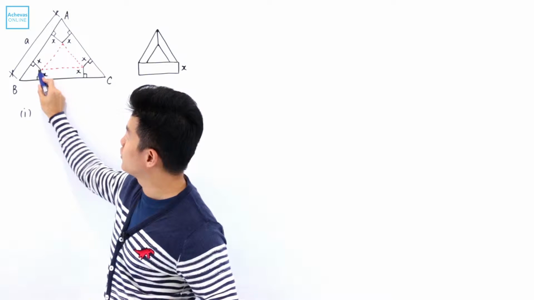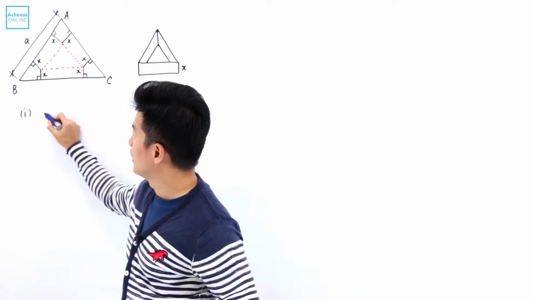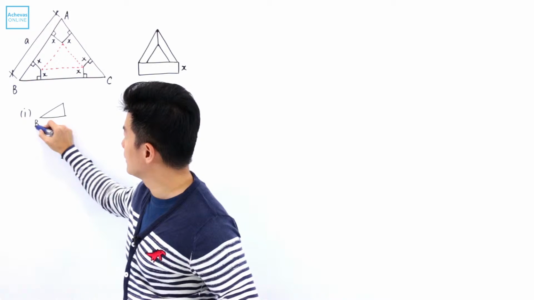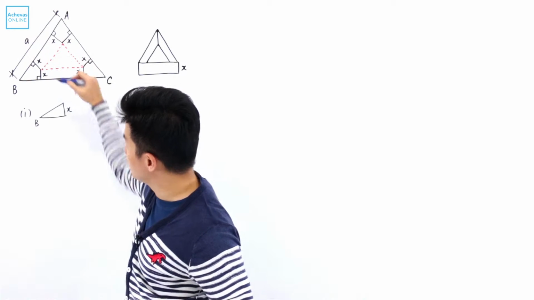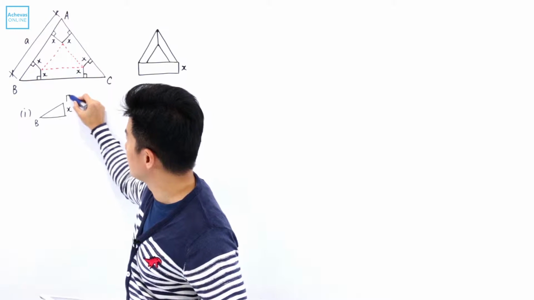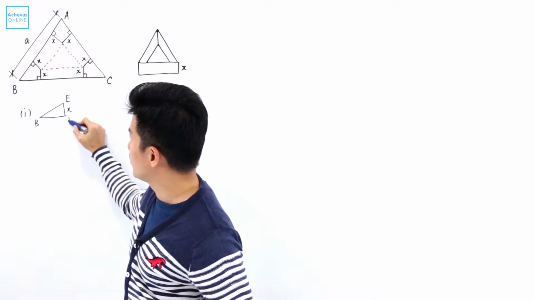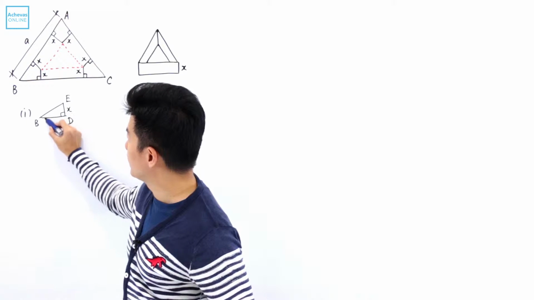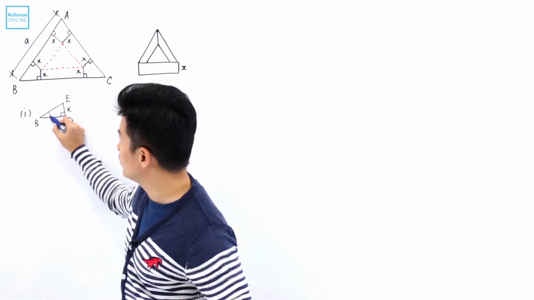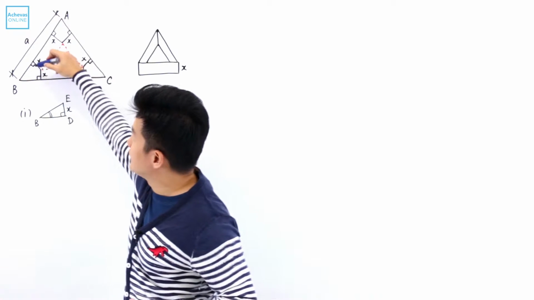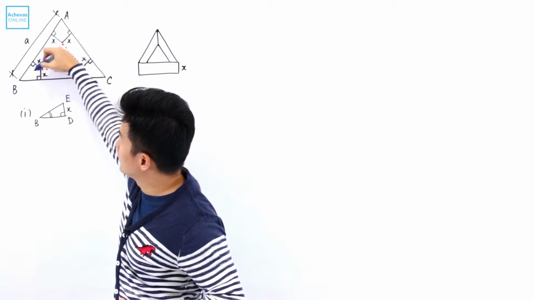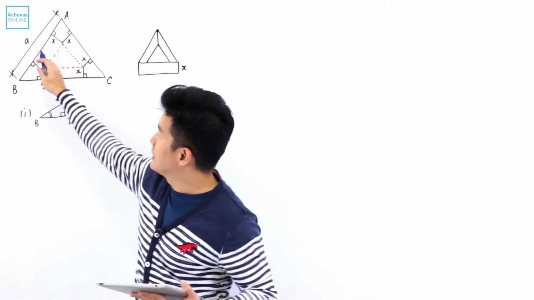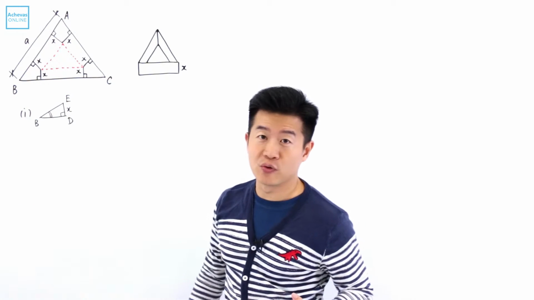In order for me to find, let's say, this length, what I'm going to try to do is to make use of this triangle over here, with B here, x is here. This point, let me call it E, and this point, I'm going to call it D. This small little triangle here, we will try to find what is this length, and I do know what is this angle, since this triangle and this triangle are exactly the same, and this angle here is pi over 3.